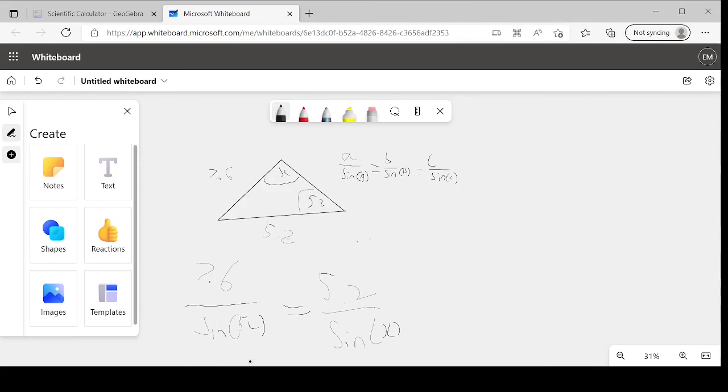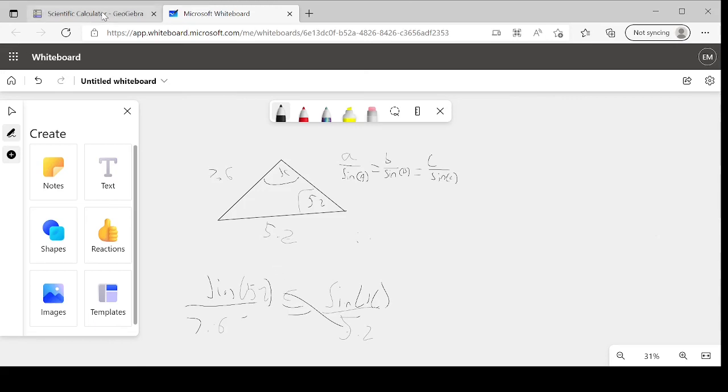Okay, now we need to flip the fractions around to get sine 52 over 7.6. We know that that is equal to the sine of x over 5.2. Now we need to put that into our calculator after we've multiplied by 5.2 up to here.